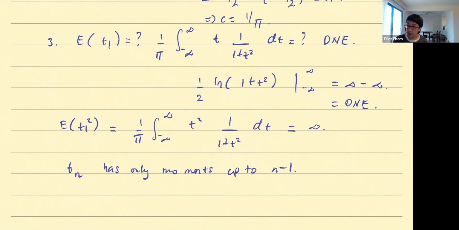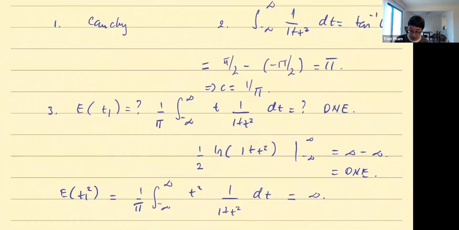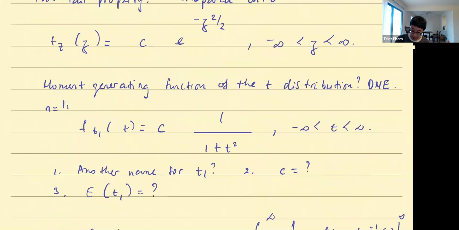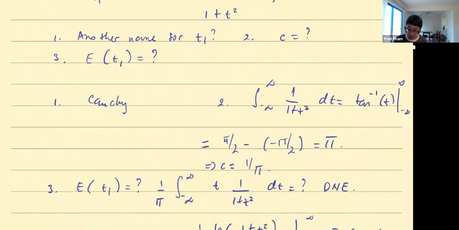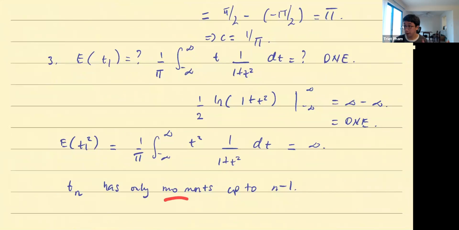If you have T3 and so on, you can start to define the variance. But for the higher moments, if you go high enough, it will start to go to infinity, or does not exist. Okay. So the umbrella statement is that the T distribution does not have a moment generating function in general. But if you want to be a little more specific, it can have some moments up to some level. And I think the level is the degree of freedom minus 1.